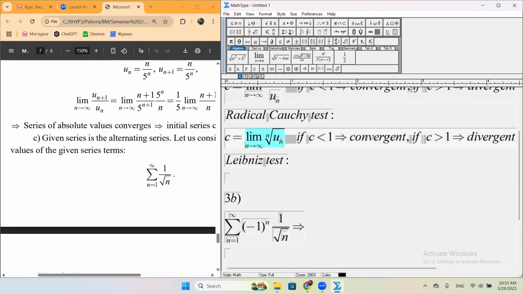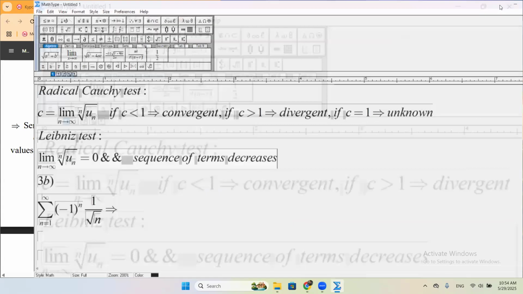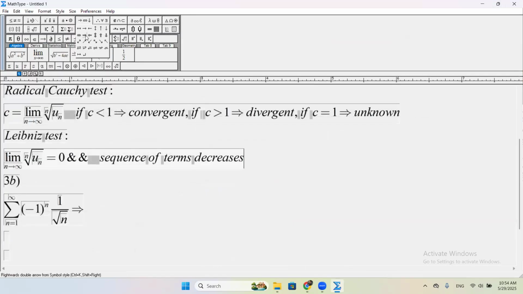First of all, the limit of un, of the module of this term, must be 0, and the sequence is decreasing. So if so, the series is convergent.